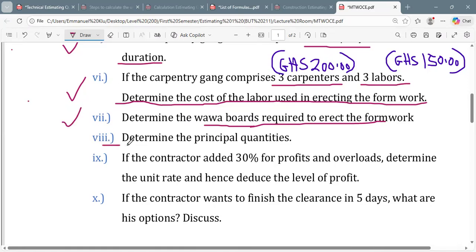Now they say we should determine the principal quantities. How do we determine the principal quantities?